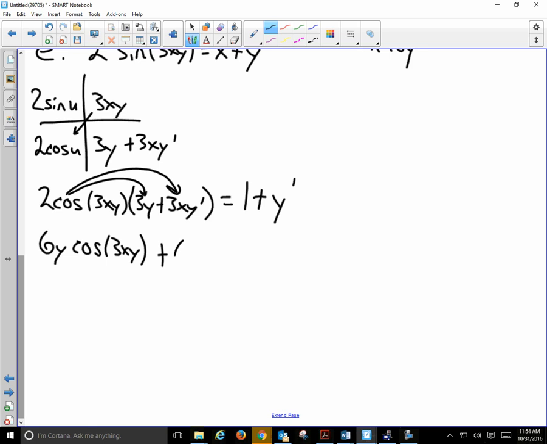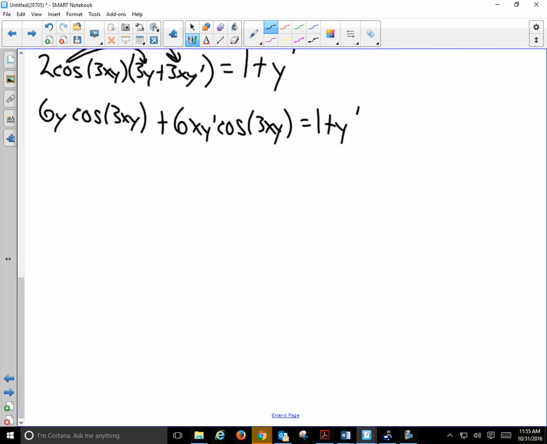Then I'll have, right here, it's just this part. Okay, so 2 cosine times 3y gives me 6y cosine of the 3xy. This is not times, this is of. And I've got 6xy prime cosine of 3xy equals 1 plus y prime.